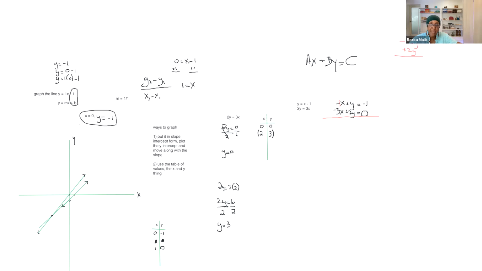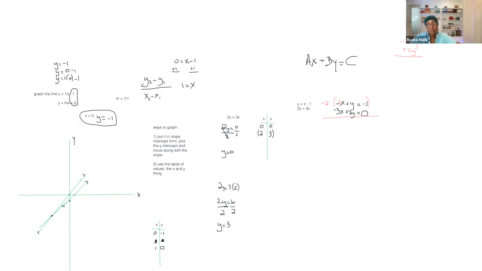So in order to force this to be a -2y, I'll multiply the whole equation by -2. Every one in that equation, I'm gonna multiply by -2. And I'm gonna write it over here very neatly.